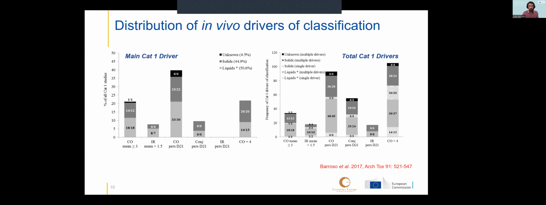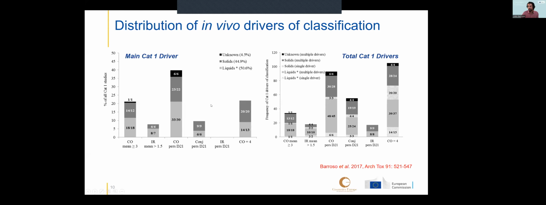So looking at the distribution of in vivo drivers of classification in the DRD, one can see a similar pattern. And you can see already that corneal opacity is usually the endpoint that is most prevalent for category 1 chemicals. On the right-hand panel, you see the total amount of drivers, so every single time a corneal opacity appears, or corneal persistence or conjunctival persistence and so on.